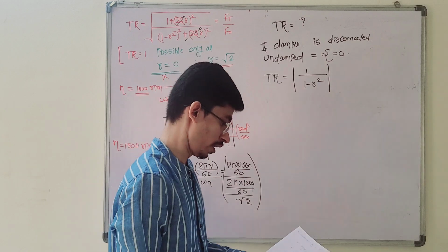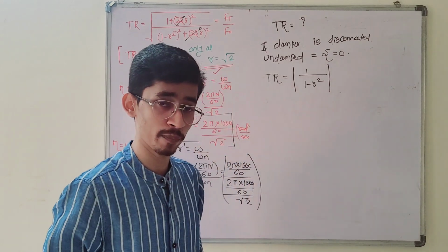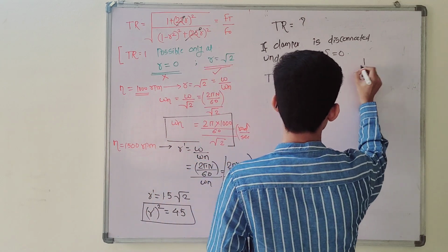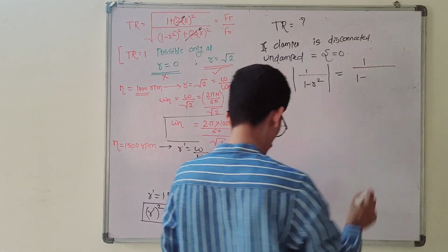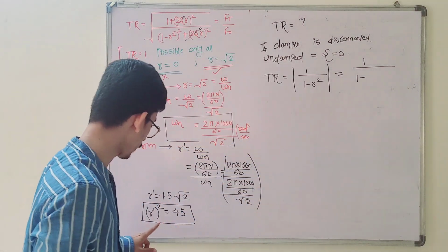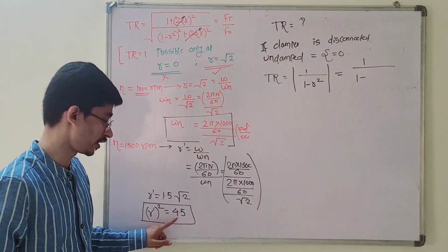So if the damper is disconnected, the system is undamped and zeta is equal to 0, and we get 1 divided by 1 minus r square. What we have obtained here is r square prime, that is 4.5.